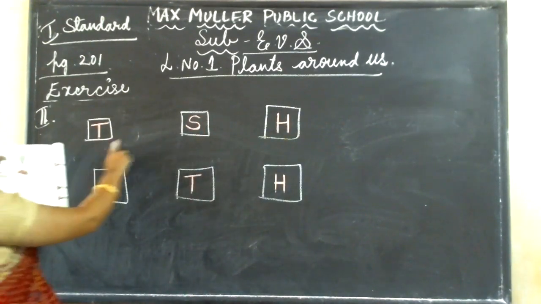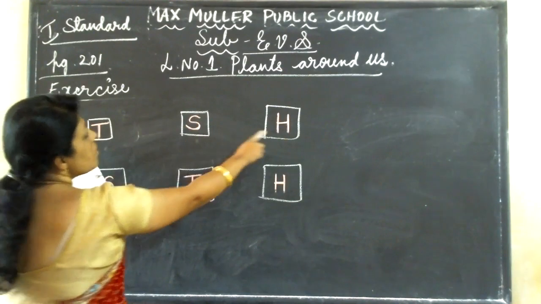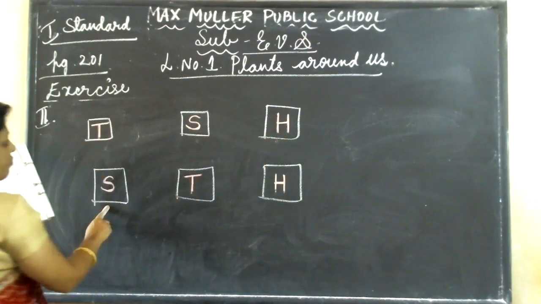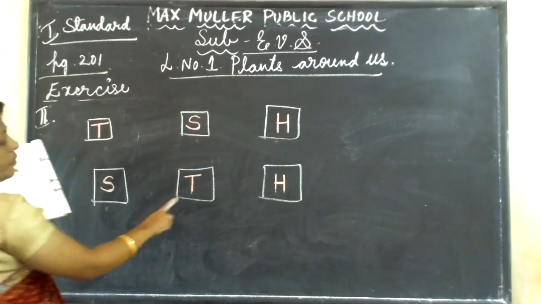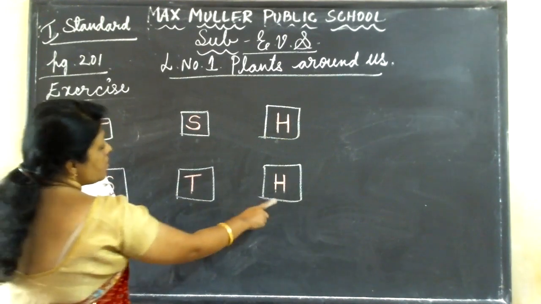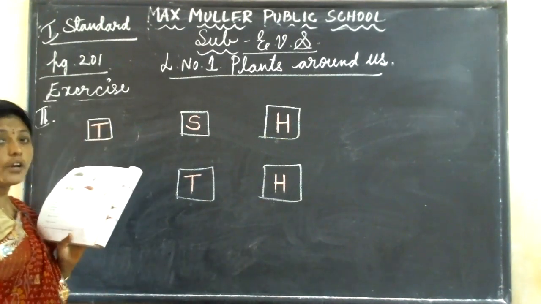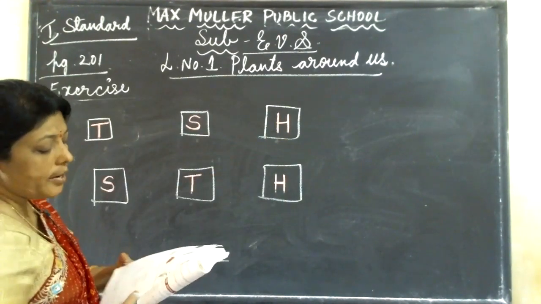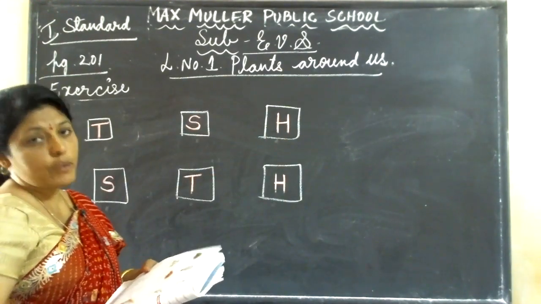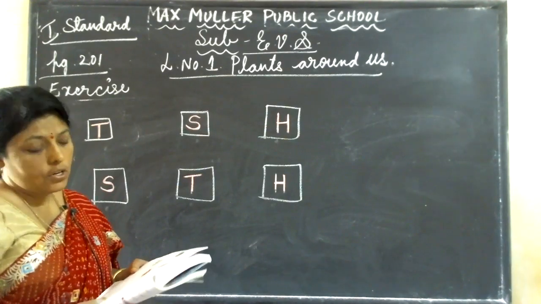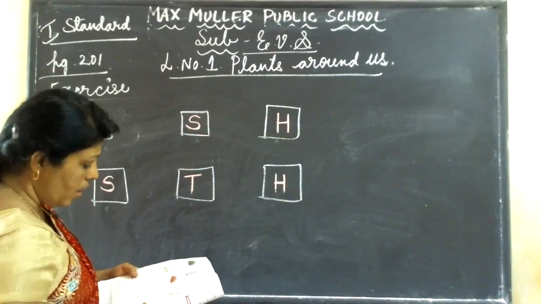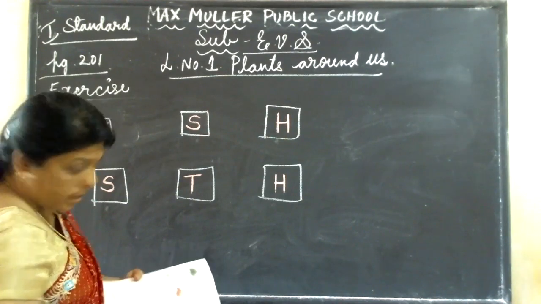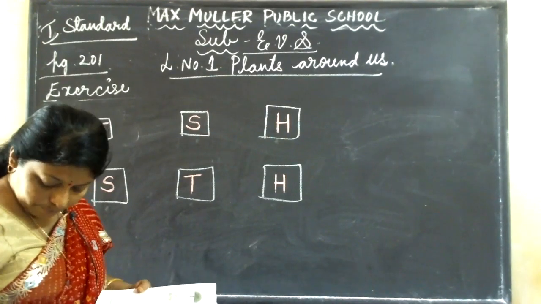First one is tree, second shrubs, third herbs, fourth shrubs again, fifth tree, and sixth herbs. Are you understood, children? You should identify the picture first, whether it is a tree, shrub, or herb, then write. Then come to the third main.